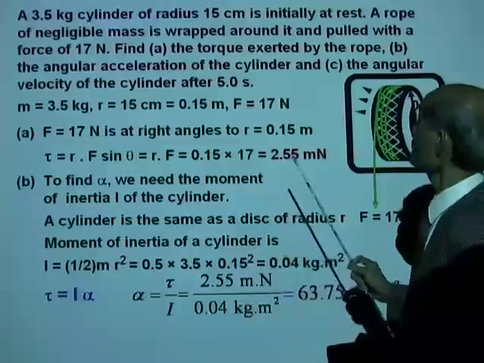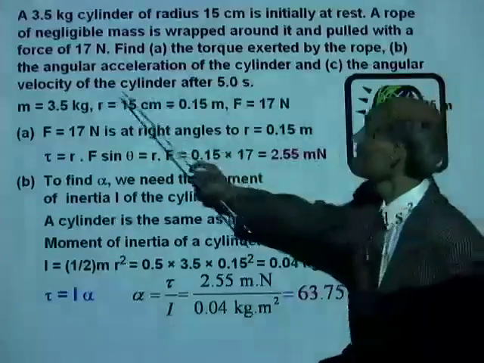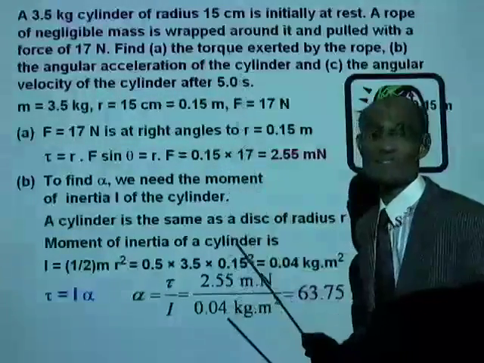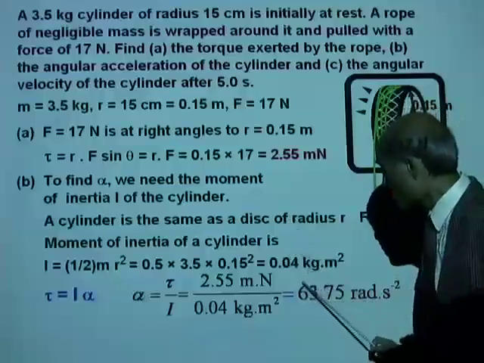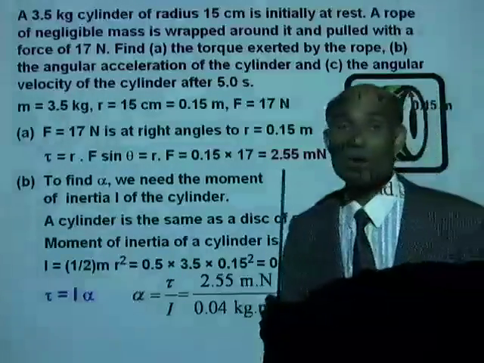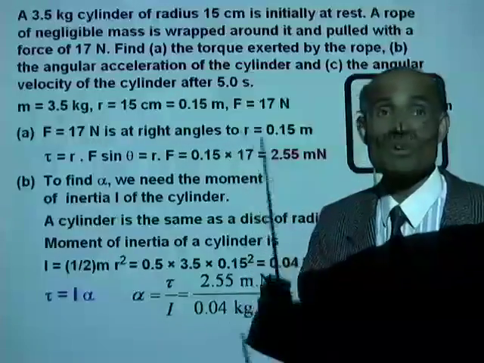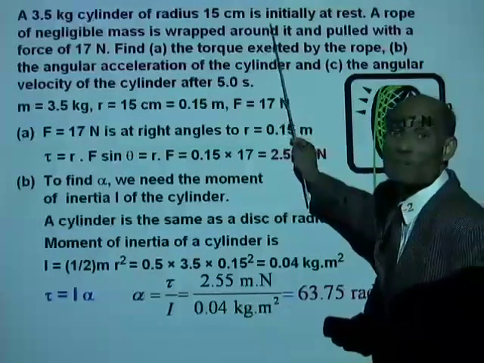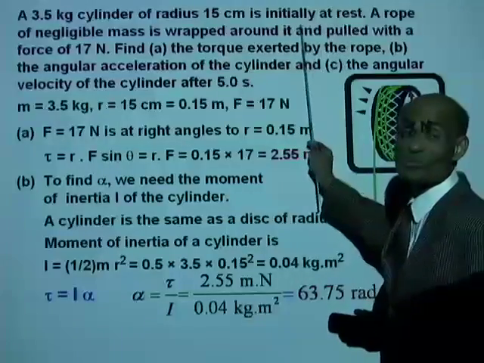What is the next question we need to answer? Find the angular velocity of the cylinder after 5 seconds. Well, you know the angular acceleration and you know the initial angular velocity. What is the initial angular velocity? The disk is initially at rest.